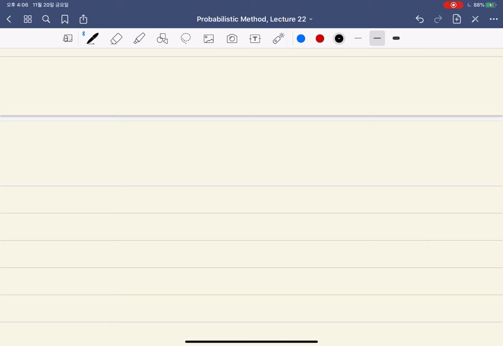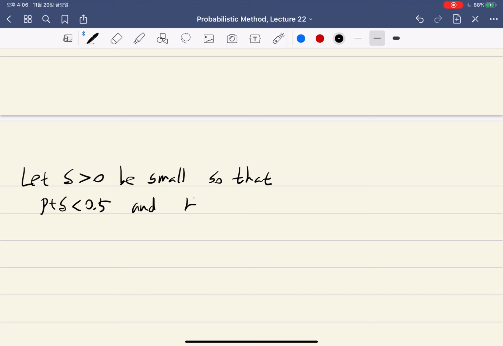Again, additions and subtractions are all modular 2. Let delta be small so that p plus delta is still smaller than 0.5, and h of p plus delta is smaller than h of p plus, say, epsilon over 2.